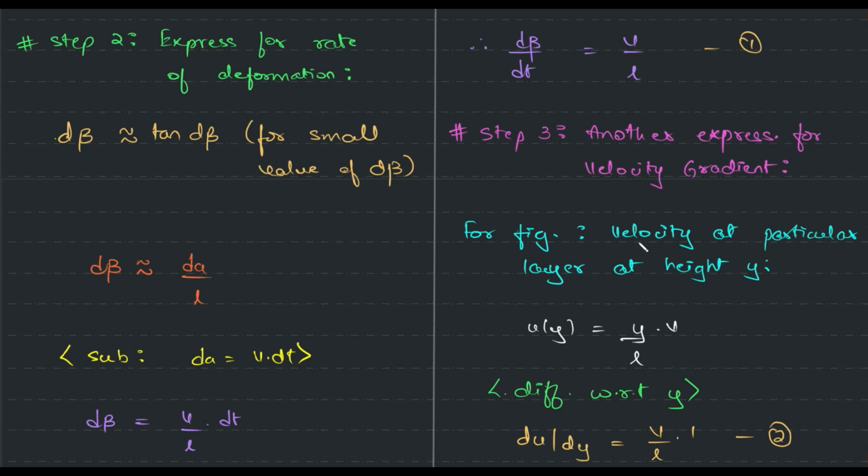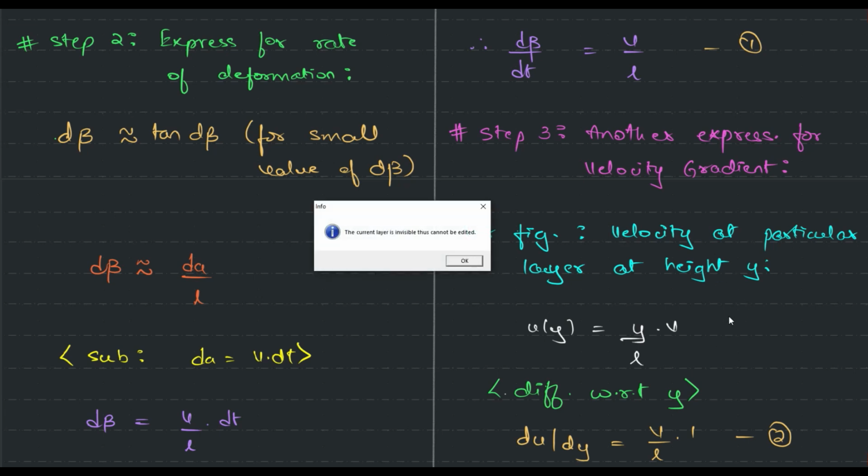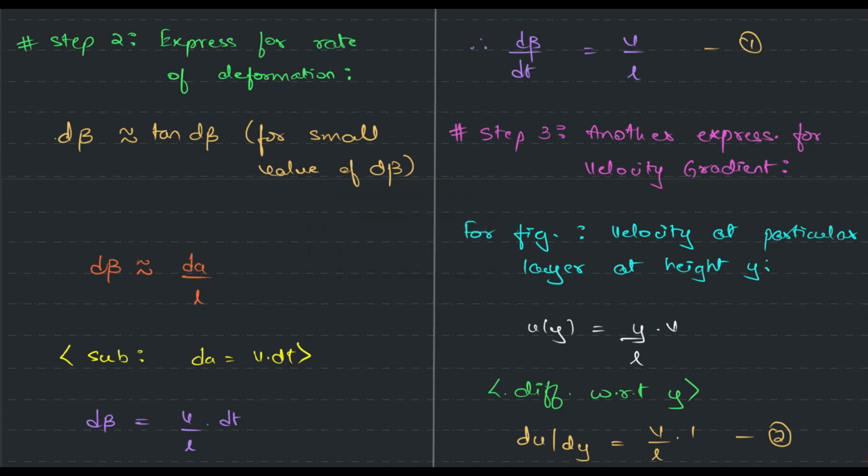And we will get another expression for velocity gradient, again using the diagram, using similarity of triangles, AA similarity of triangles. We got this differentiated, and I got one more expression for V by L.